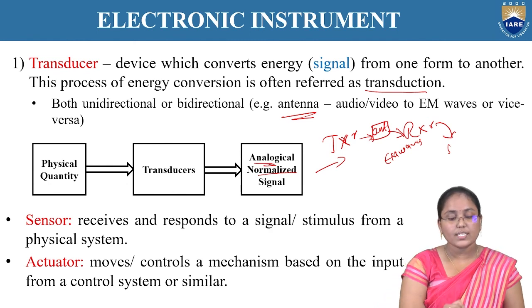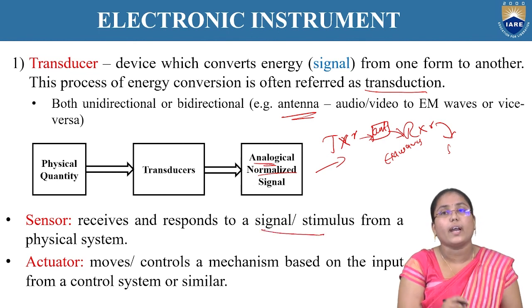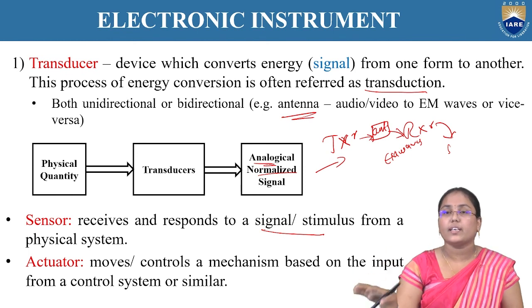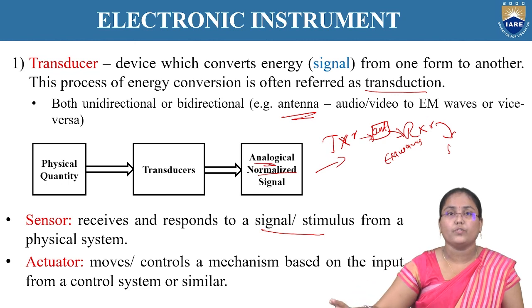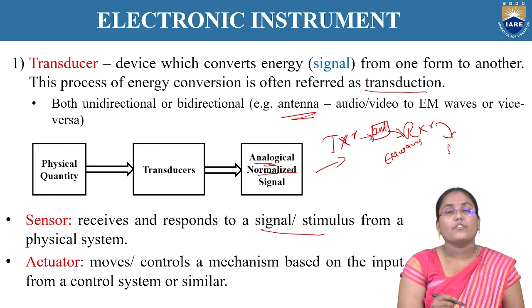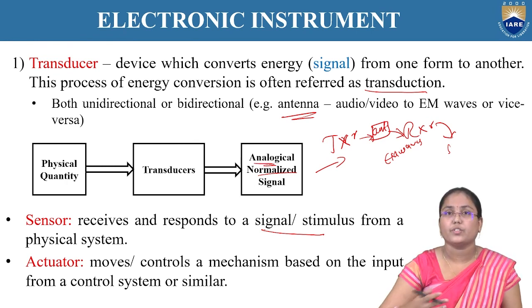The sensor directly takes a signal or stimulus from a physical quantity and converts it from one form to the other, forming an analogical normalized signal, which is meaningful to any other system. The actuator takes feedback from the control system and controls a particular mechanism. So both are different types of transducers.